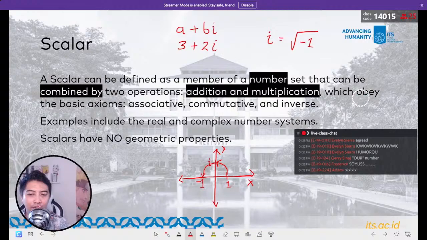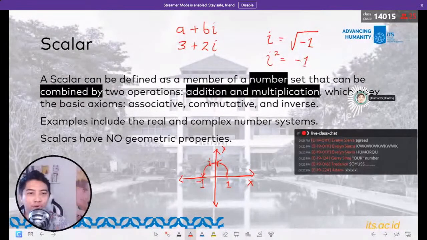That's why i squared is equal to -1. So you go with i first, and then you go twice. One fourth rotation means the multiplication by i itself.